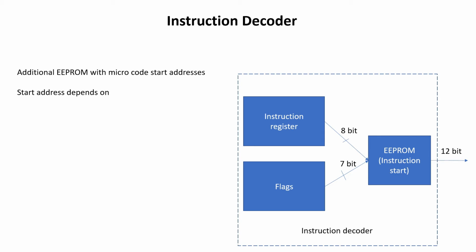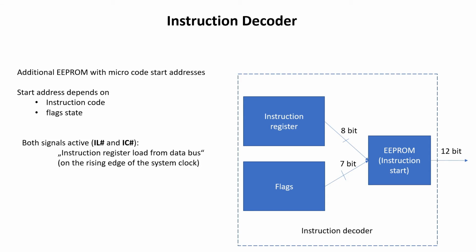And the start address that is delivered to the control logic depends on, of course, the instruction code itself and the state of the flag register. And in my case, there are 8 bits for instructions and 7 bits of flags, so there are a few more flags that I have in my CPU.